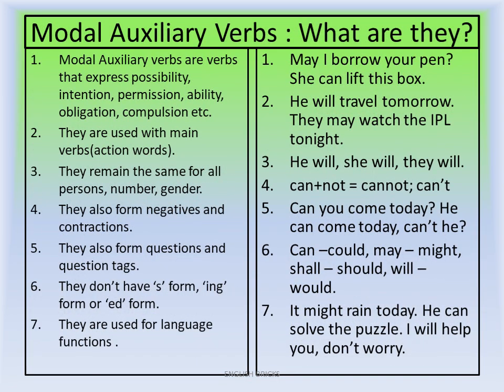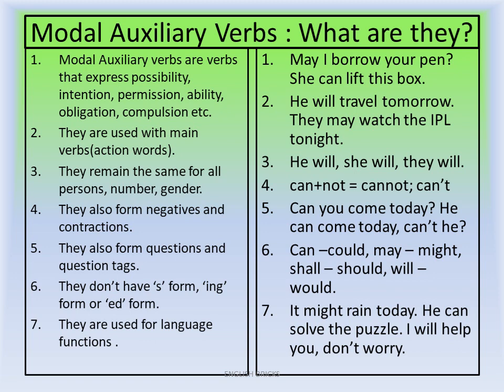So far you have learnt about the main auxiliary verbs, or the primary auxiliary verbs. But we also have the second kind of auxiliary verbs, which are called the modal auxiliary verbs. What are they? I would like you to pay very close attention again here, as per the points we will discuss.